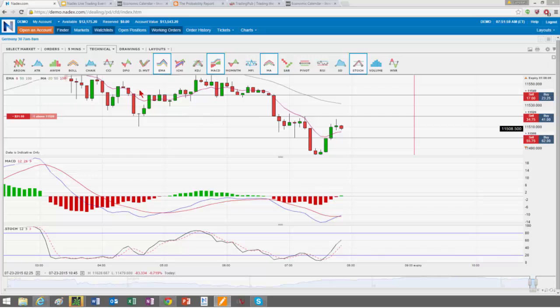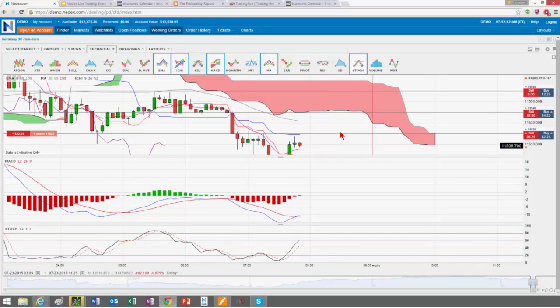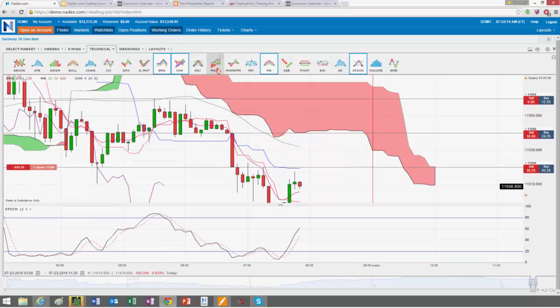Other indicators I can put up there are for folks that like things like the cloud. Okay, we can see that, let me close up this map. Right now it's trading underneath the cloud, which is cool.